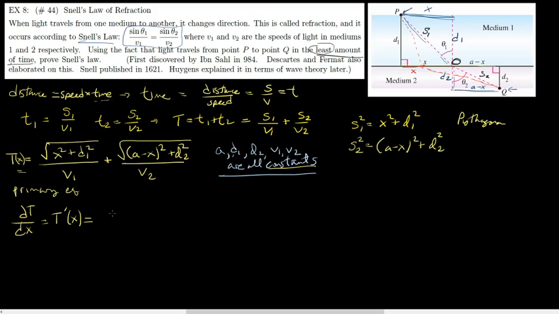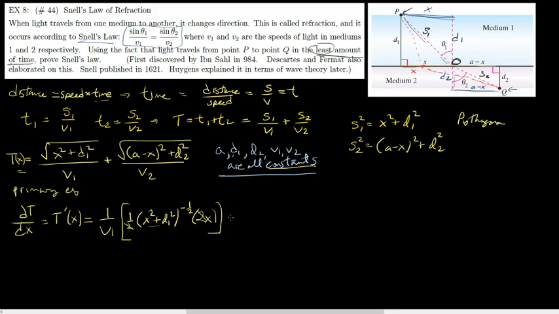So first of all, v is a constant, so let's just think of this as 1 over v1 times this mess here. So if this is to the power 1/2, we're just going to get 1/2 times x squared plus d1 squared to the negative 1/2. And then don't forget the chain rule. The derivative of this is 2x. Okay. So you can see this 2 cancels with this 2.